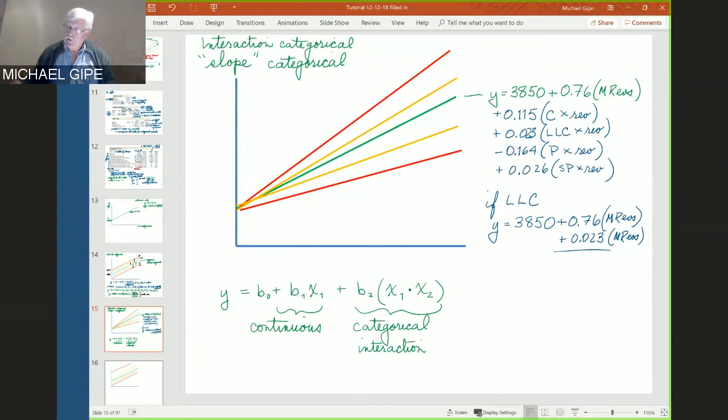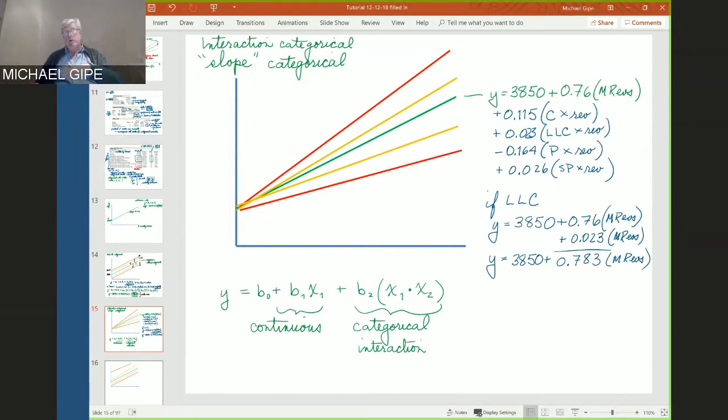And that can be summed up as 0.783. And so now, instead of a slope of 0.76, we have a slope of 0.78. And so the slope is increased.